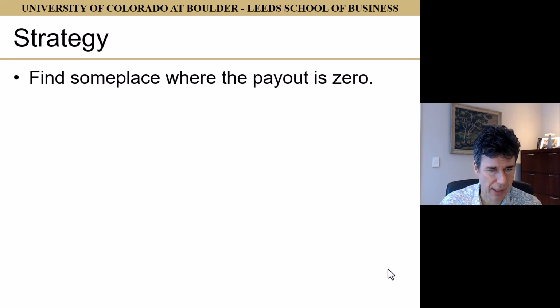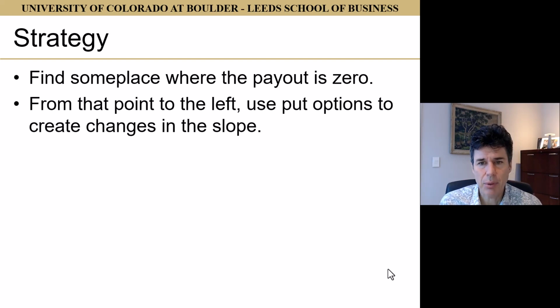Okay, what's the strategy? The strategy is going to be find some place where the payout is 0. From that point to the left, use put options to create changes in the slope. Now, the reason we're using put options is that everything above the strikes of the puts is not affected.